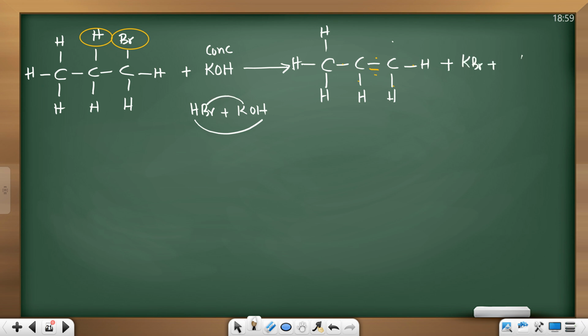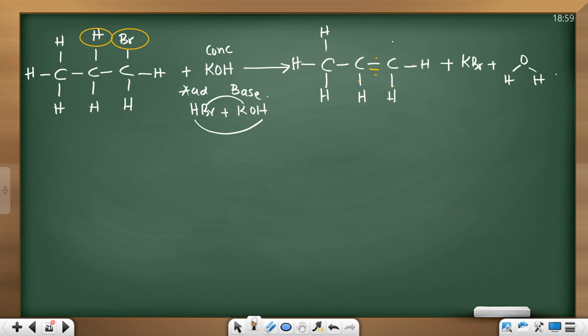KBr plus water, and I'm done. Whenever we eliminate, water is formed. Because there's an acid there, so it's an acid and a base to form salt and water. Did that make sense? I don't know if it makes sense, guys.